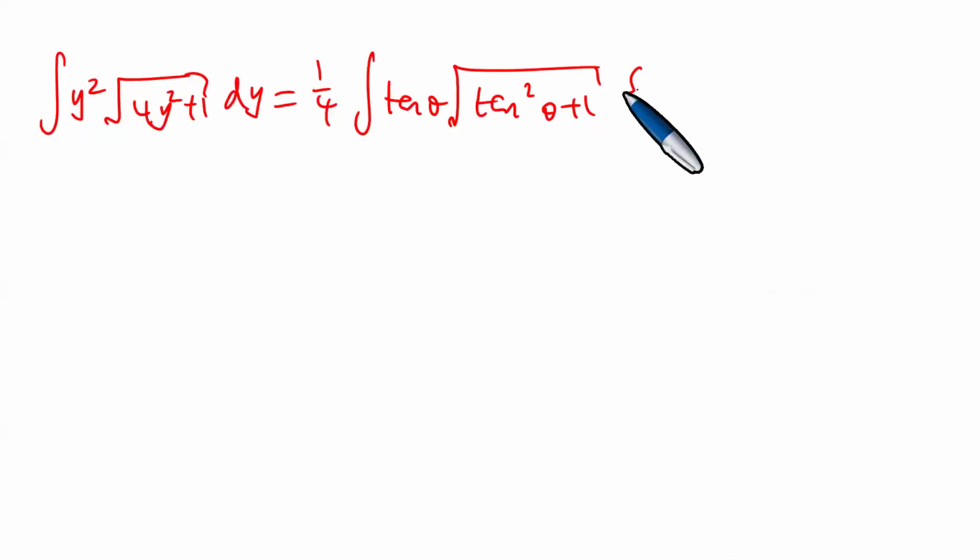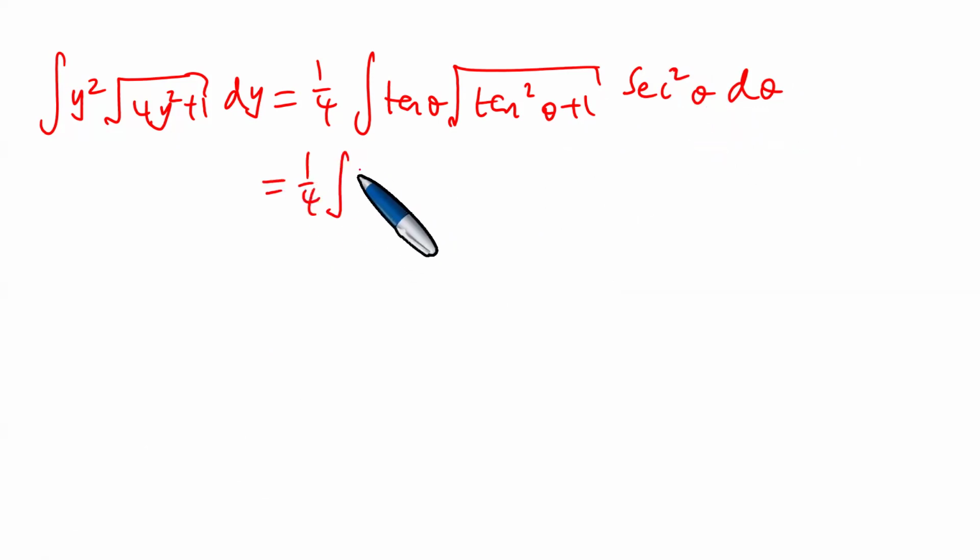I know that I've given you this as an exercise because we had done something similar. Now we have 1/4 the integral of the tangent of theta, and the tangent squared plus 1 becomes exactly the secant squared of theta.